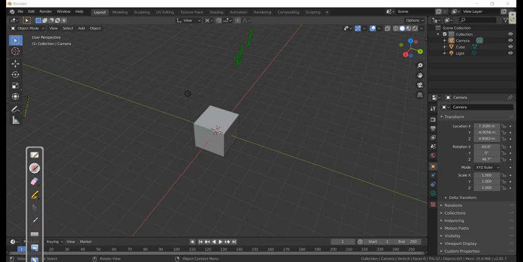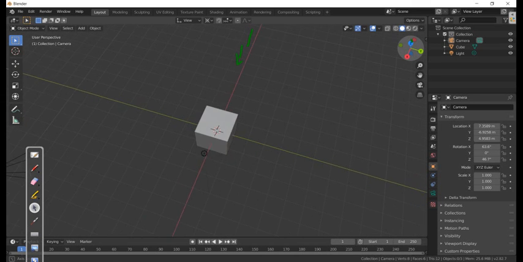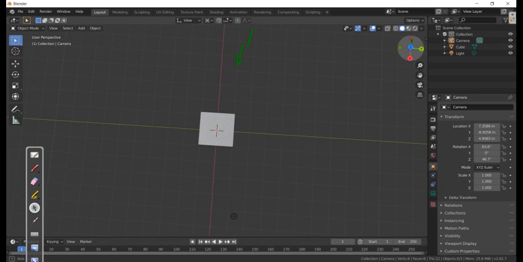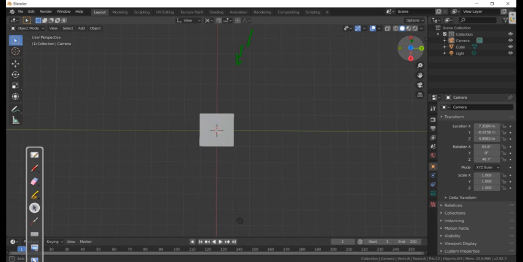So just give everything a rotation. Yes, this is the top view. You can see the x-axis and y-axis, and it seems like our well-known two-dimensional coordinate system. This is the top view.